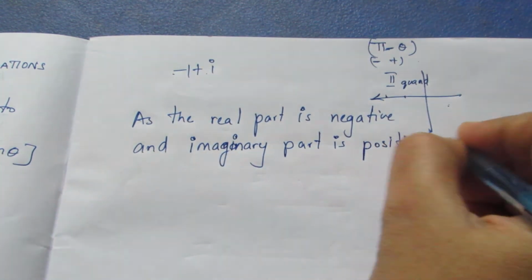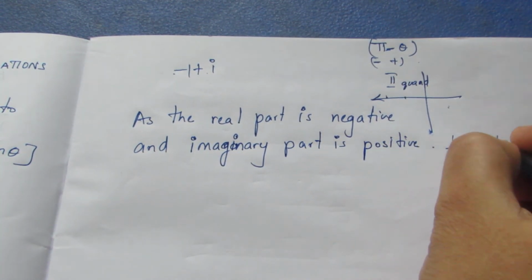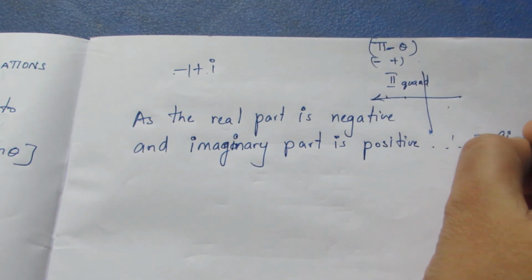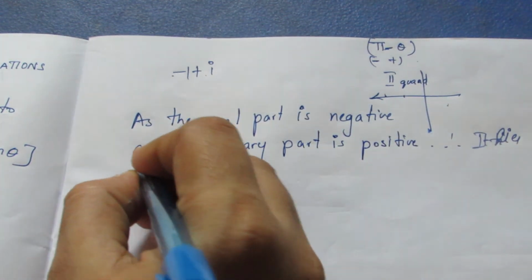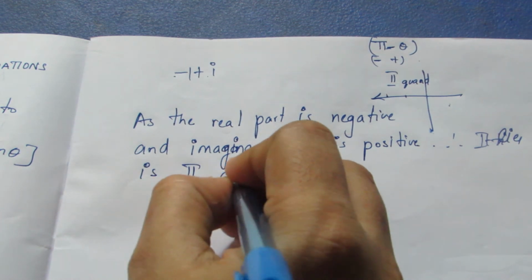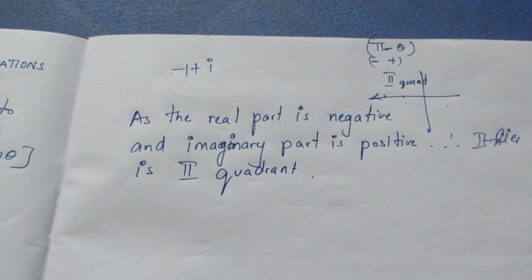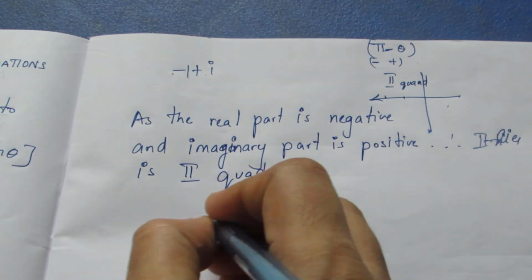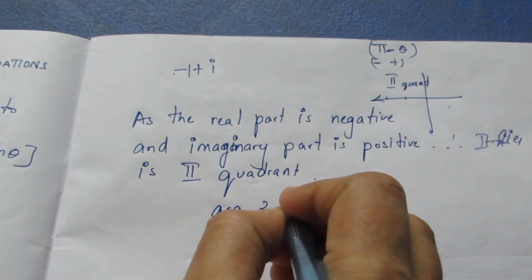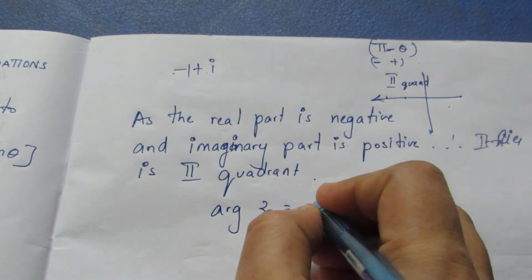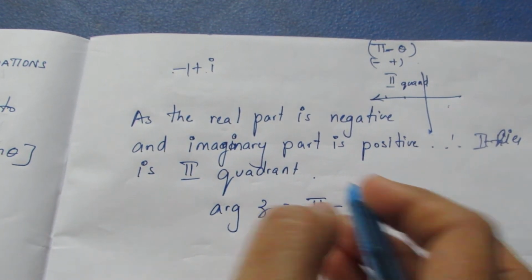Therefore it lies in the second quadrant. Always we need to write the reason for the second quadrant, and we know that the argument of z is equal to pi minus theta.